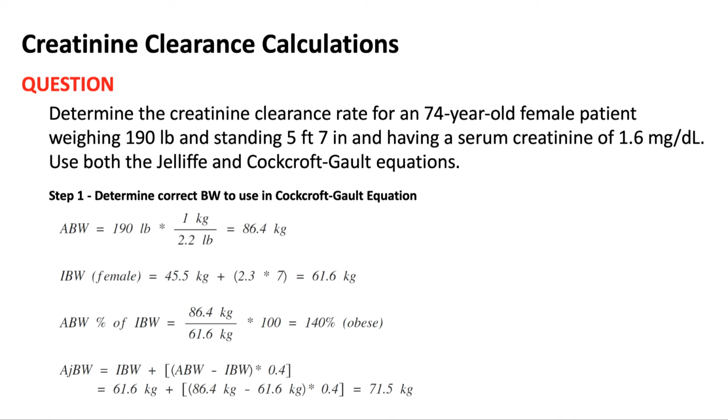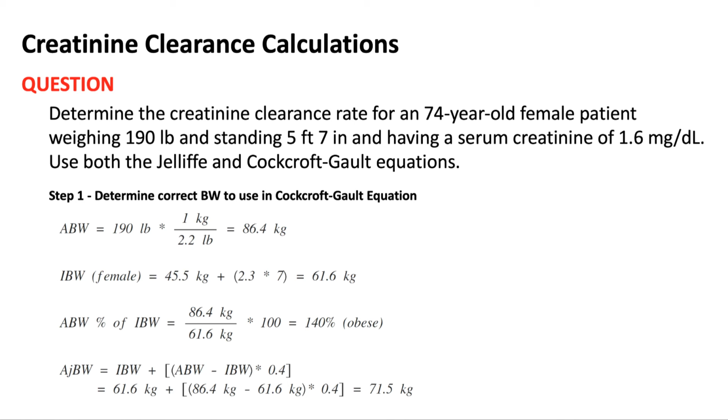Her actual body weight is 140% of her ideal body weight. That's above 125%, so that extra weight is a degree of obesity. And so we're not comfortable using her actual body weight in our formulas, but her ideal body weight is too low as well.